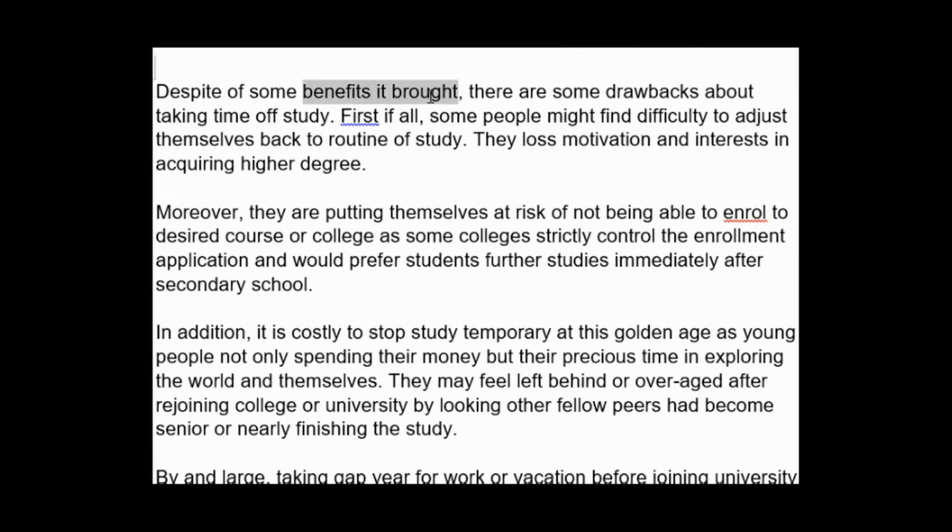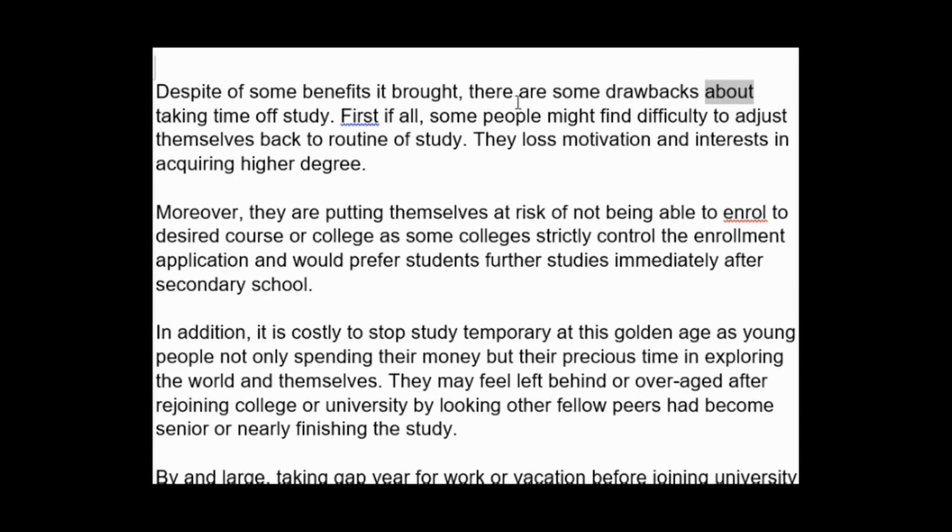Actually, this can be omitted. So despite the benefits, there are some drawbacks about taking time off study. This preposition here, let's change this to there are some drawbacks to. Drawbacks goes with to, not about.